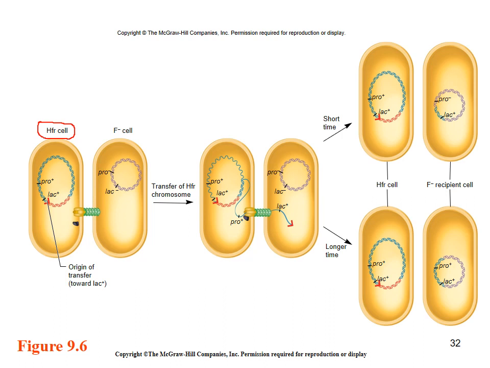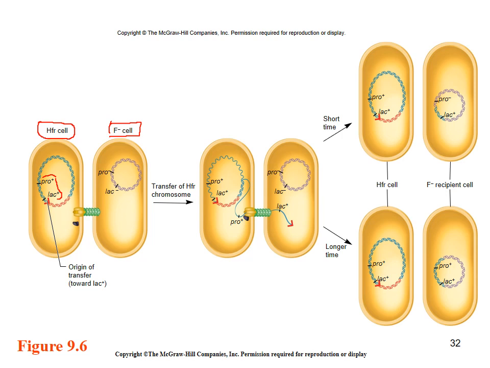Fantastic. Now our F negative cell, let's take a look at its alleles. It is pro-negative and lac-negative. So it's not able to synthesize proline and it's not able to metabolize lactose. Alrighty, so it could benefit from some of the genes that come from the HFR cells.